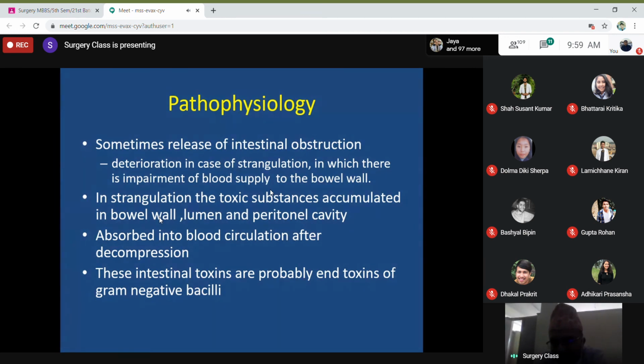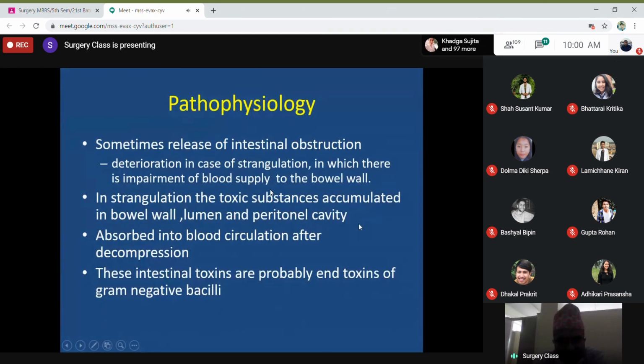So the tissues and cells in the bowel are using anaerobic metabolism, and in that process toxic substances, free radicals, lactic acid, and various electrolytes, especially potassium, leak from the cells and accumulate in the bowel wall, in the lumen and in the peritoneal cavity.